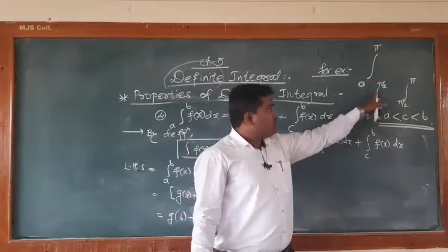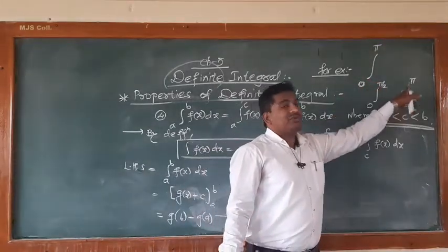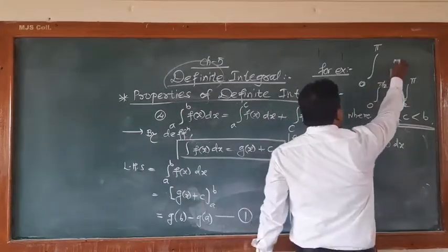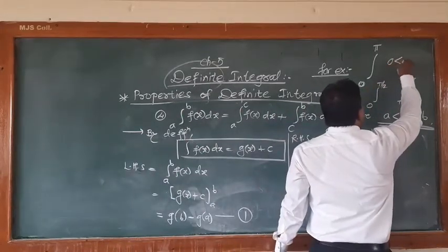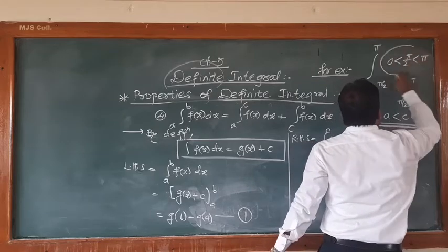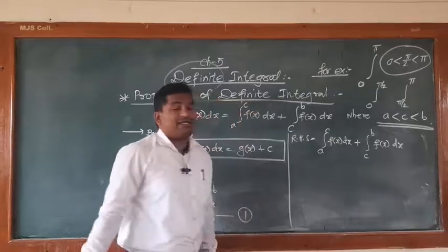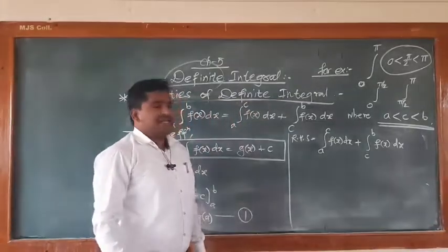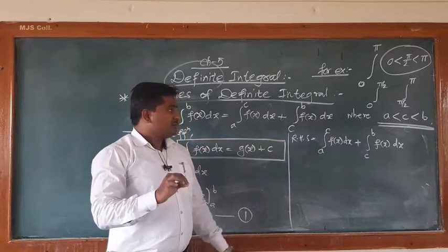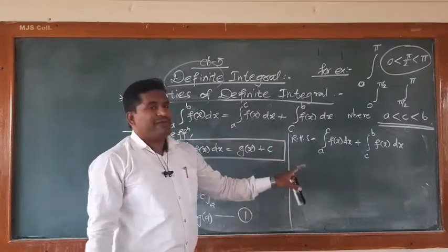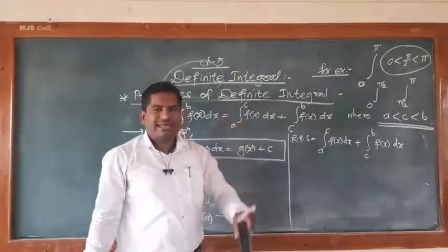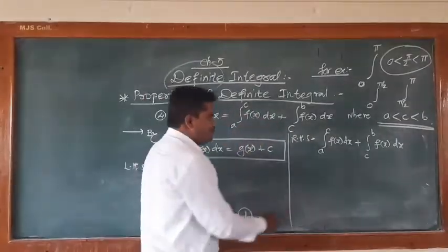Therefore 0 to 90 and 90 to 180, which follows 0 is less than pi by 2, which is less than pi. This property mentions that if the number lies between the lower bound and upper bound, we can take separate limits.